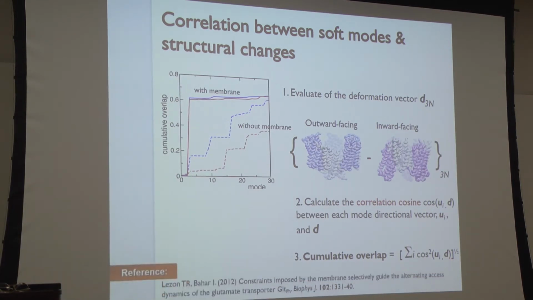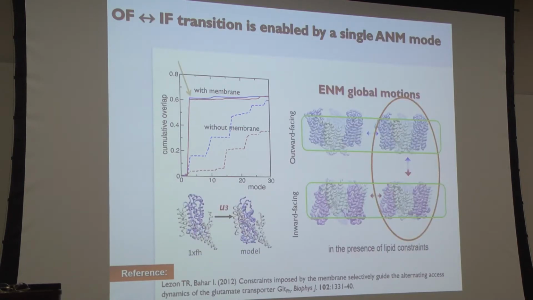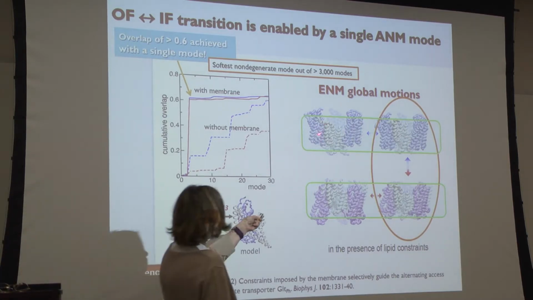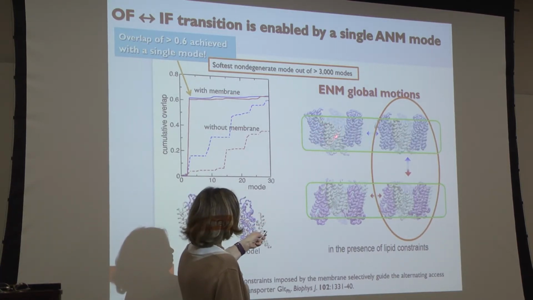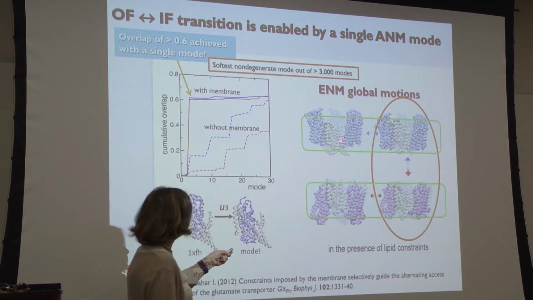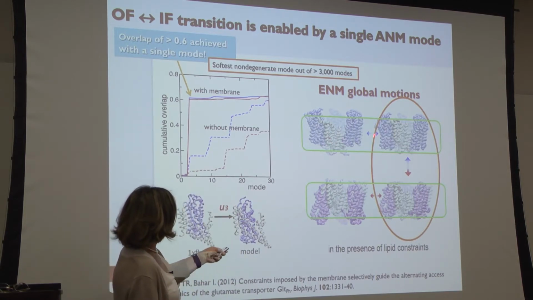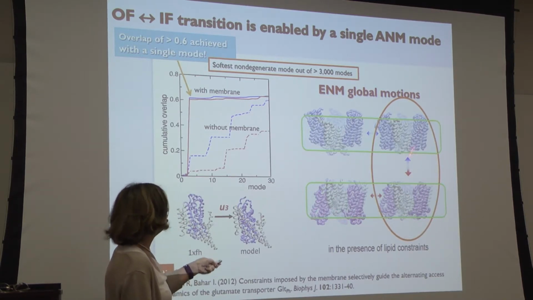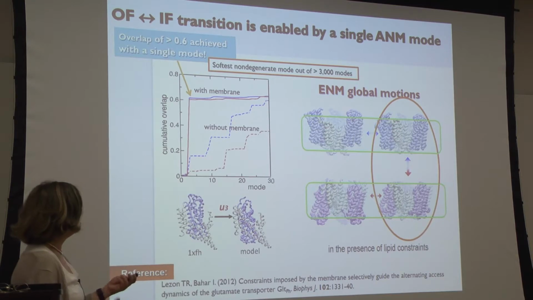And I'll show you what the motions are. Here is Tim again. So let me explain what we're doing again. We start from this conformation. In the presence of the membrane, now we are generating a new conformation. Or we start from this, in the presence of the membrane, we generate a new one, which is really an intermediate between them.